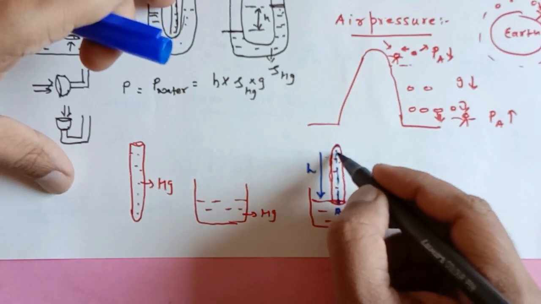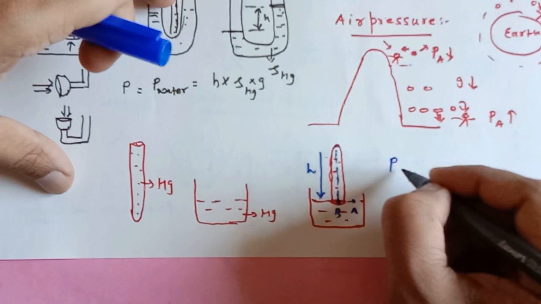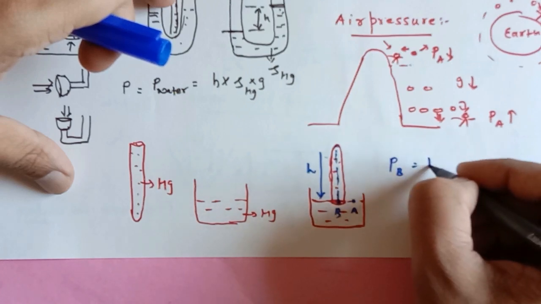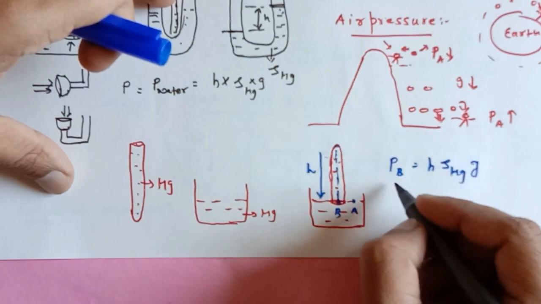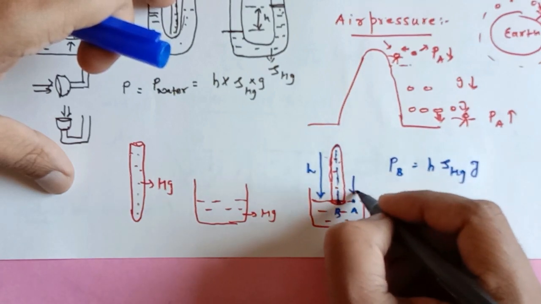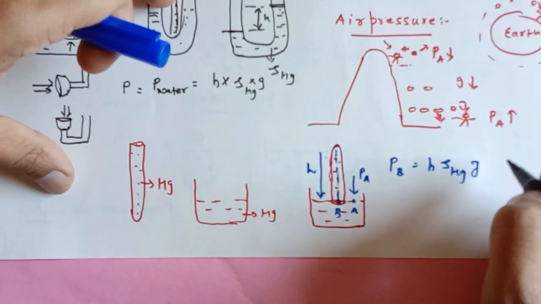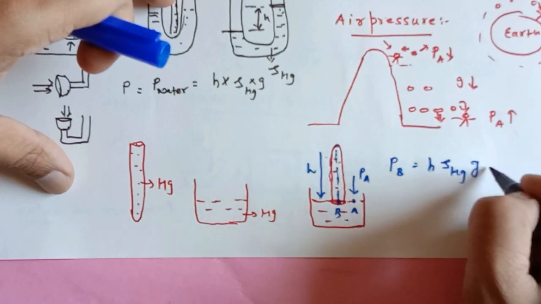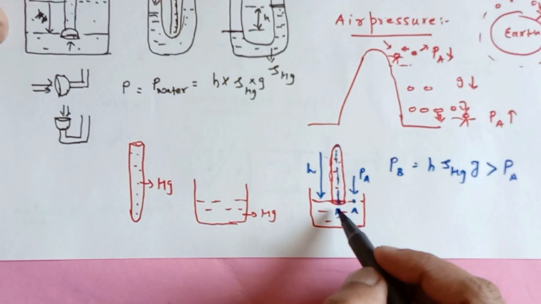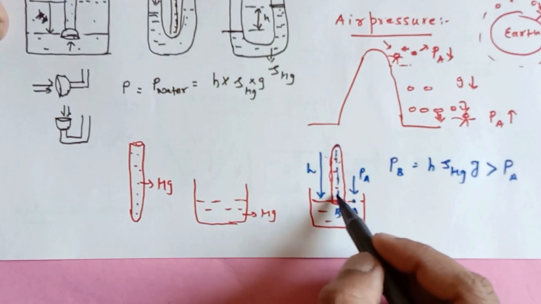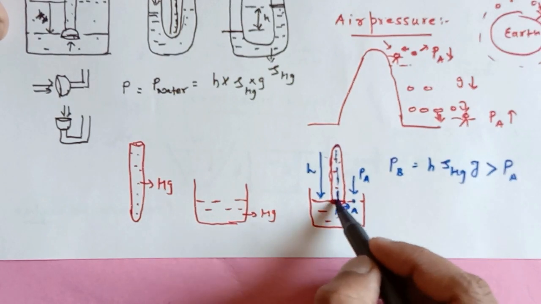So pressure exerted by this at point B is H rho of mercury into G, and the pressure at A is pressure exerted by the atmosphere, that is PA. So initially PB is greater than PA, so the pressure at B is more than the pressure at A, so this liquid mercury will come out.